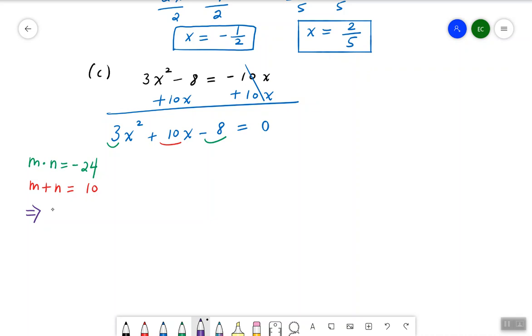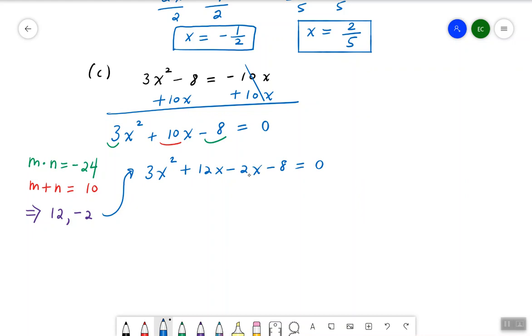What we're going to need is 12 and -2. They multiply to -24 and they add to 10. So we're going to use those two coefficients to rewrite the middle term. We'll get 3x squared plus 12x minus 2x minus 8 is equal to 0.